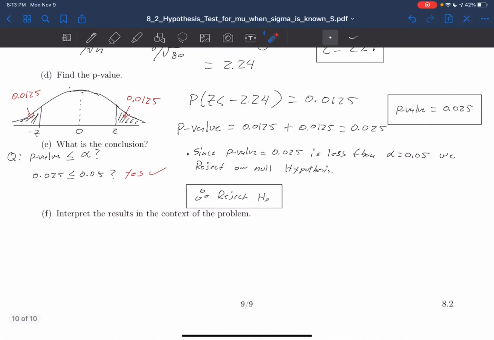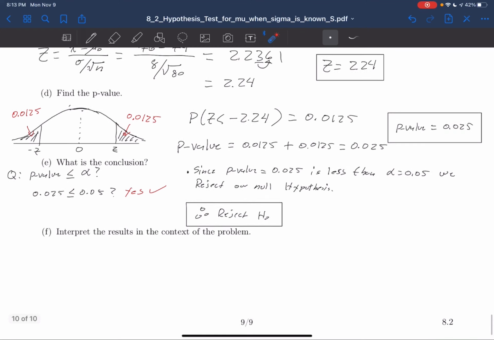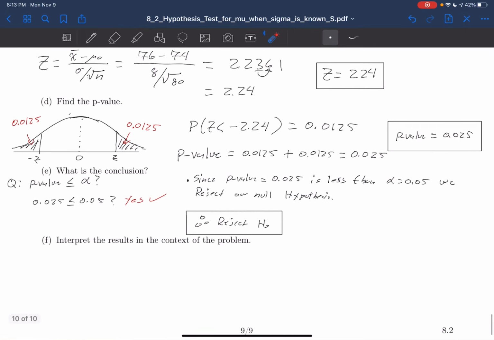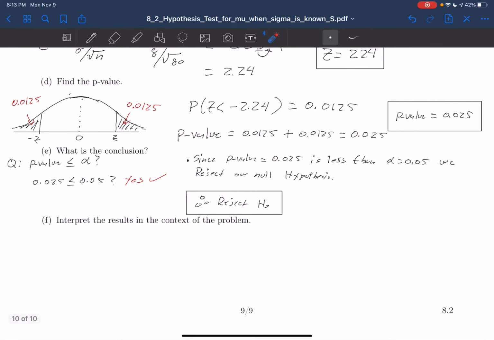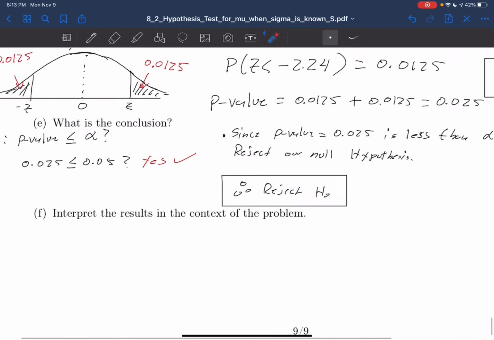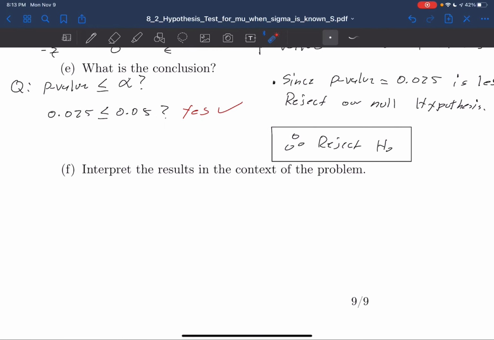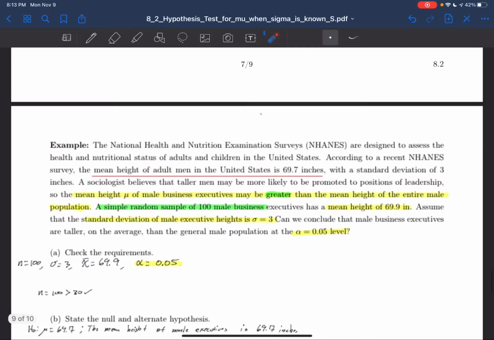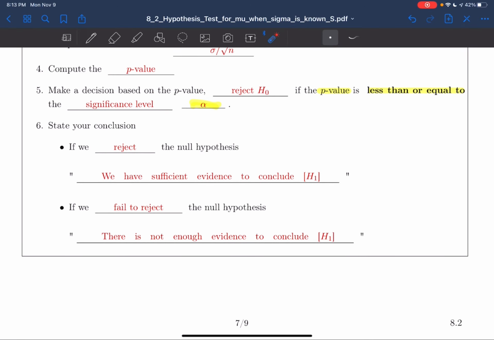And the last step is probably the most important step. We want to interpret our result. It doesn't matter if we did all this if we don't actually know what it's saying in the end. Since we reject our H naught, our null hypothesis, if you look back in our notes, if we reject the null hypothesis, we could say that we have sufficient evidence to conclude and then write down our alternative hypothesis.